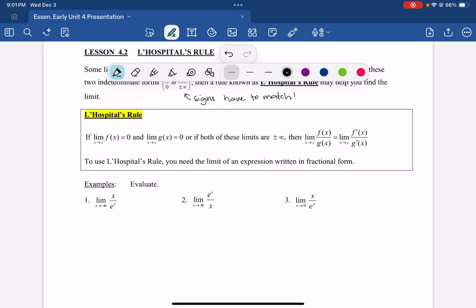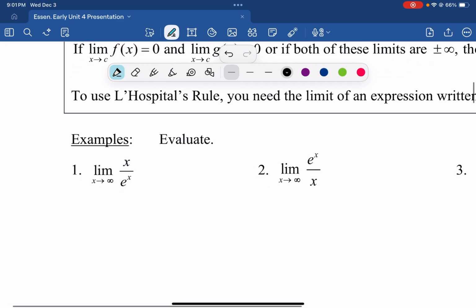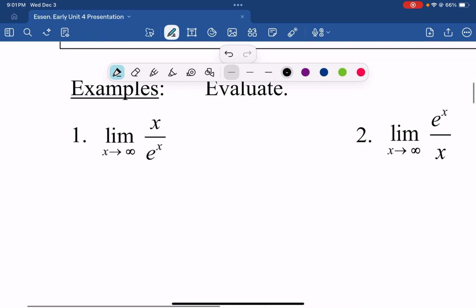And it says to use L'Hopital's rule, you need the limit of an expression written in a fractional form. So we need a numerator and a denominator. So let's look at our first example. We have the limit as x approaches infinity of x over e to the x, okay? So ultimately in our heads, we want to think, what's going to happen?